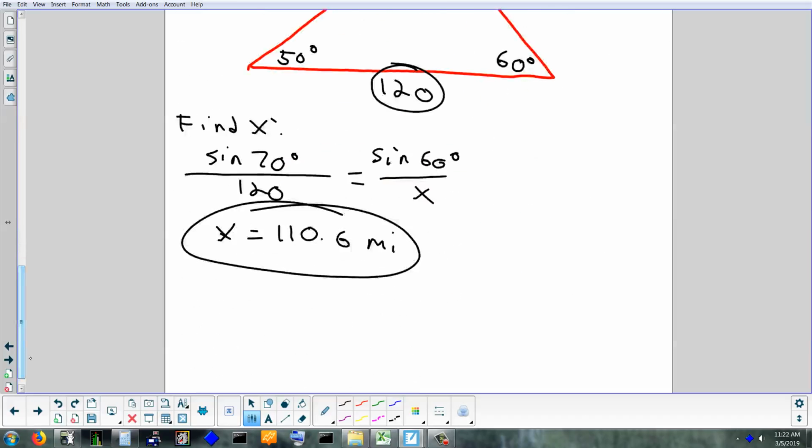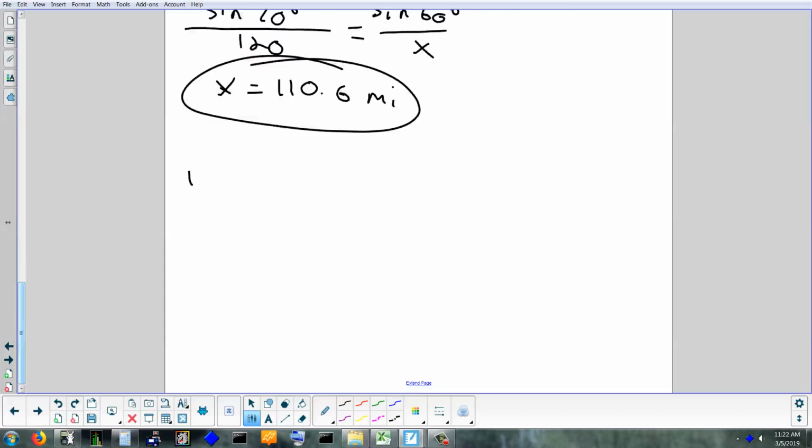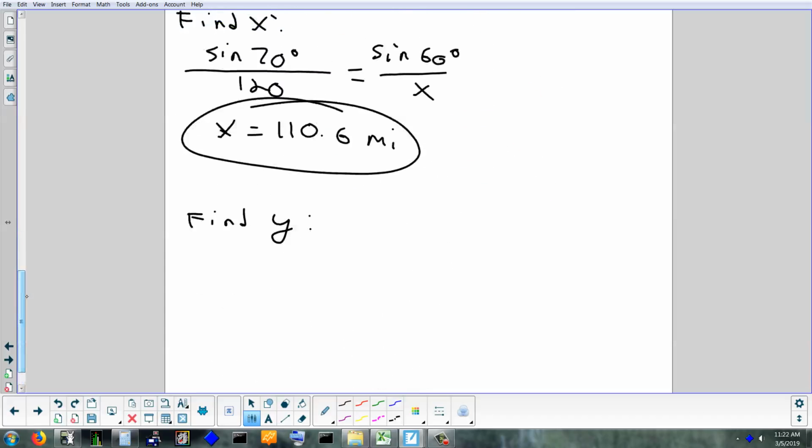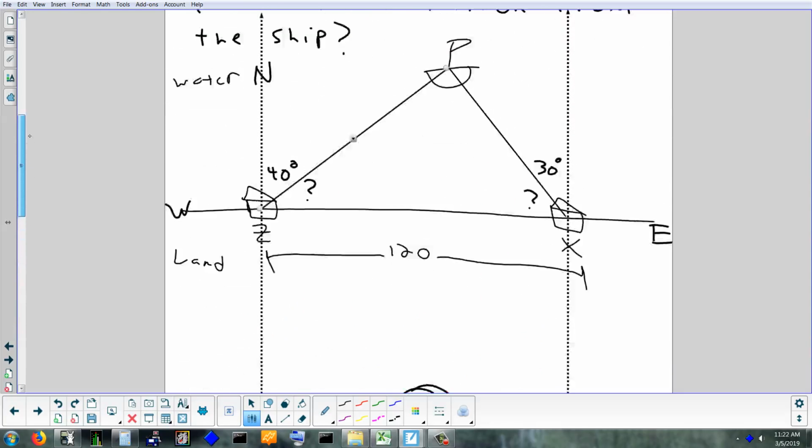So now let's set it up one more time to find what? So use the left side, sine 70 over 120, and then we'll just change the angle, and that'll give us y. I'm confused how you got the 50 and 60 as the angles because it said it was 40 and 30. So we used 50 and 60 for the angles.